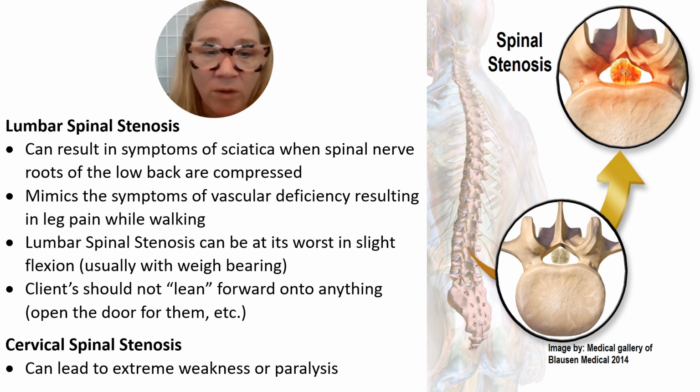That's a form of spinal stenosis. Spinal stenosis can also mimic vascular insufficiency, where there would be pain down the leg, especially while walking. Lumbar spinal stenosis is worse when you're leaning forward, okay? And stenosis in the cervical spine can lead to extreme weakness or paralysis.